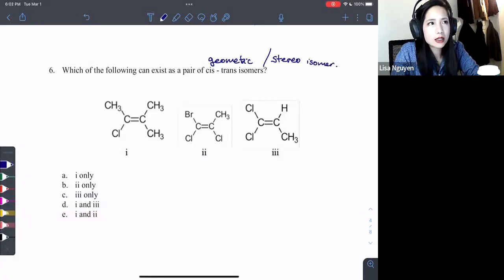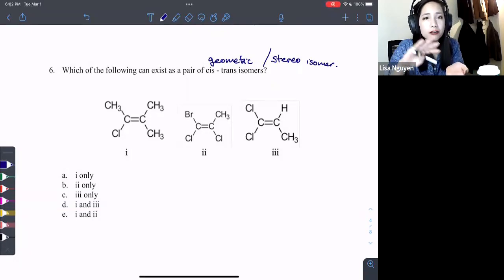The whole point of these types of isomers is that their substituents exist differently in 3 dimensions. A pair of cis and trans isomers are unique molecules that you can't flip or twist to make them look the same; they are completely different. So I have a strategy for identifying cis and trans isomers.